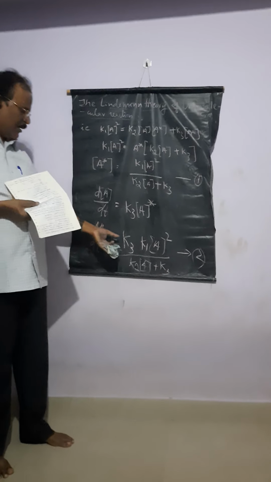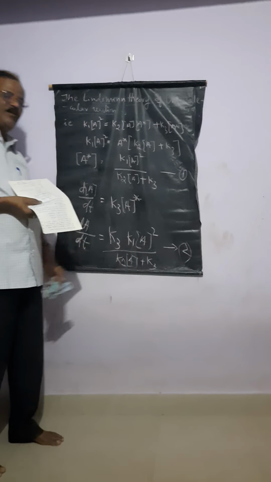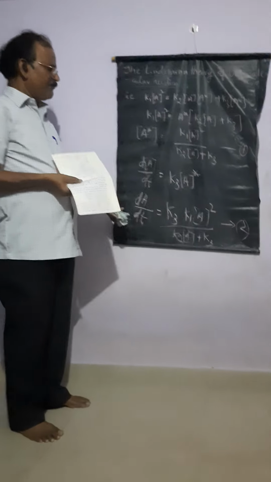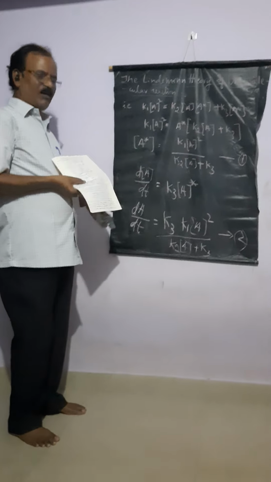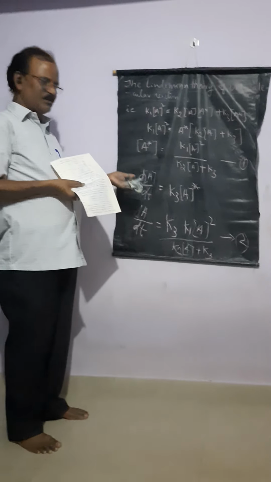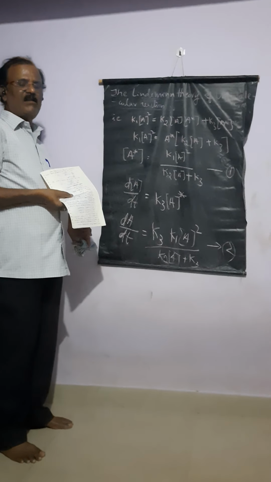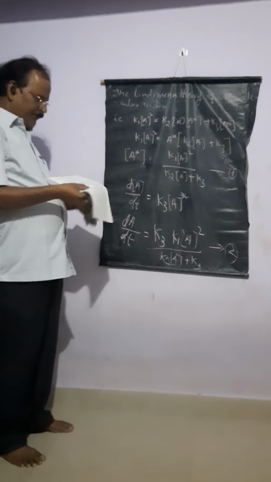You have K1, K3, K2 rate constants. So you cannot say whether it is first order, second order, or third order. It is not possible to depict exactly the order of the reaction.